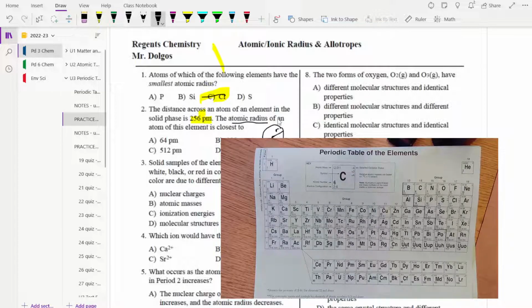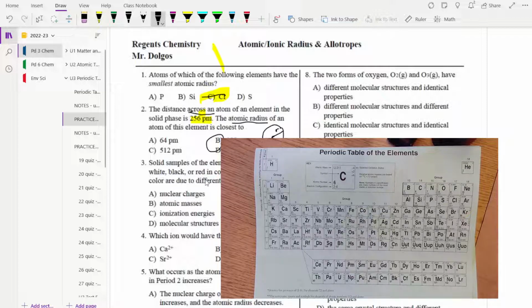Across is the diameter, so the radius is exactly half of that. That's why it's 128.